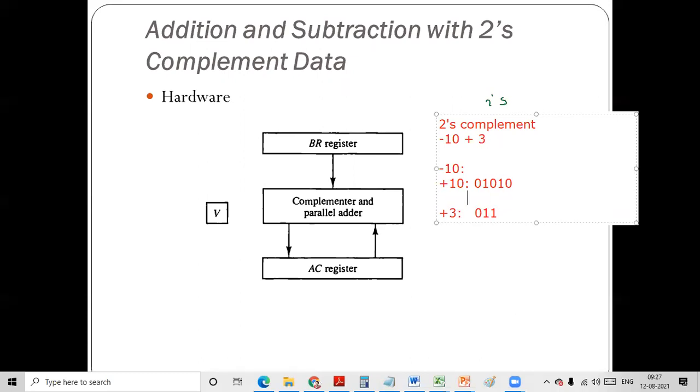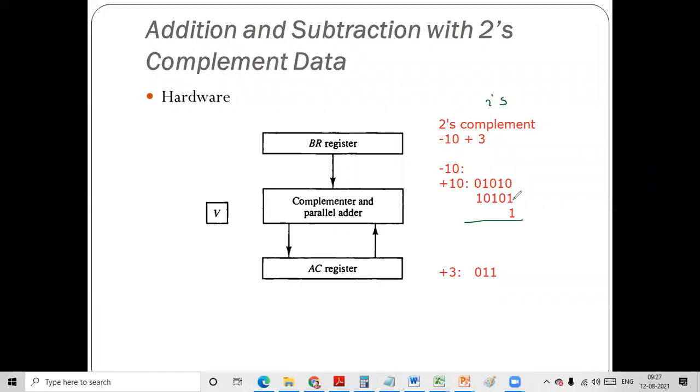First take 1's complement, 1 0 1 0 1, and then add 1 to it. By adding 1, we get 1, 0, 1, 1, 0. So this is your minus 10.